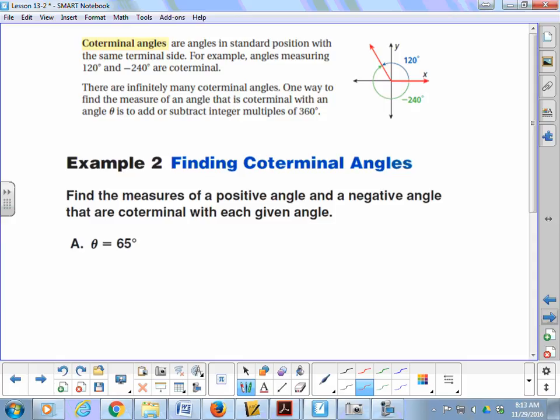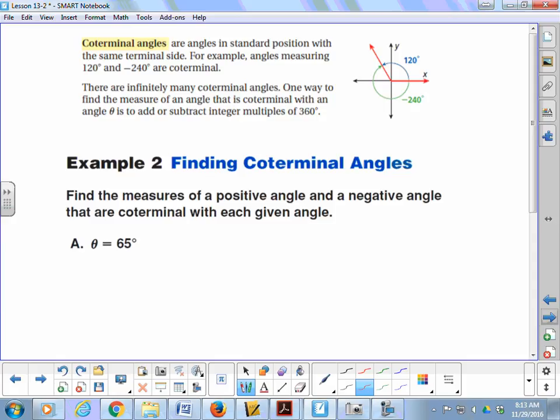So sometimes you might have to go more than 360 degrees to find angles that are coterminal. Well, there's always 360 degrees, but it could be 360 apart, or they could be 720 degrees apart, or 1,080 degrees apart. Okay? But multiples of 360 degrees.